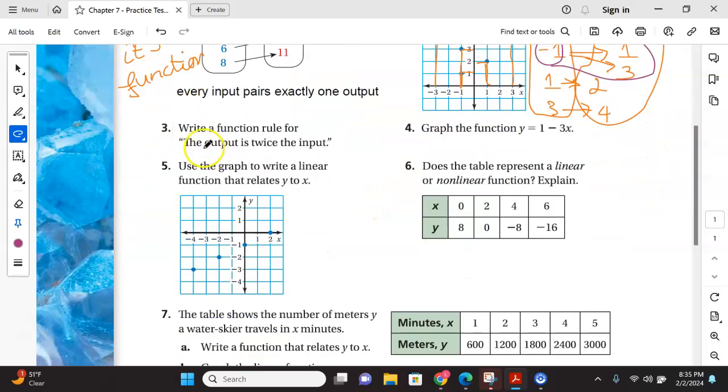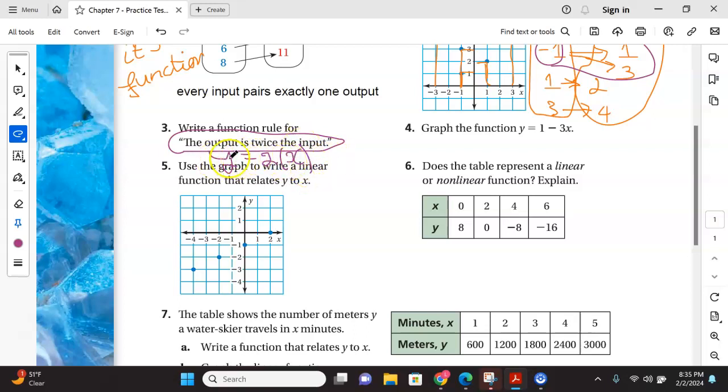All right, number 3, write a function rule. They say the output is twice the input. The output is the y. Twice means twice whatever the input is, which is x, so you multiply it by 2.